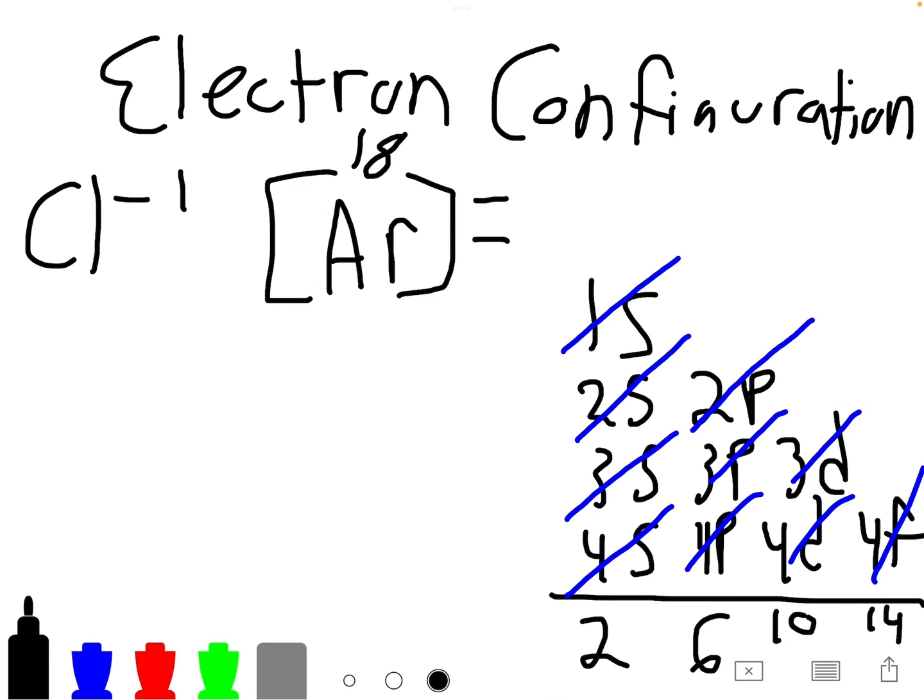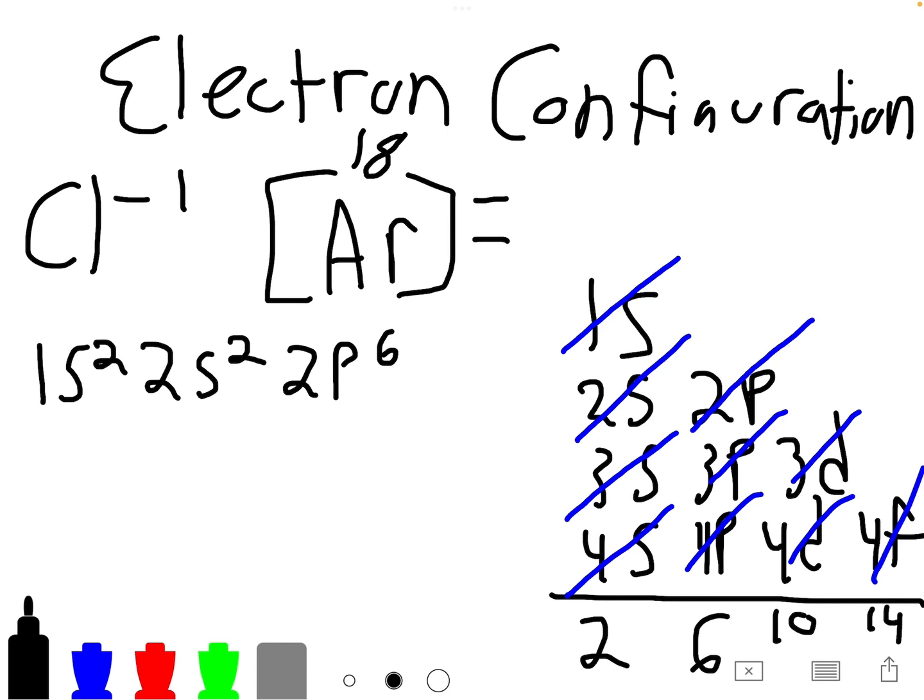So now we have 1s2. So we have 2 so far, and then we're going to have 2s2. Now we have 4, and then we go 2p6. So now we have 10. And then we go back to 3s2. Now we have 12.